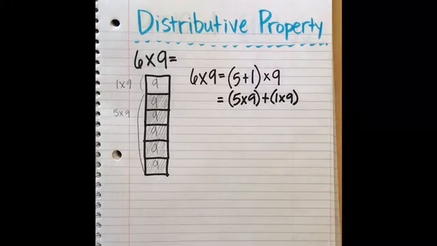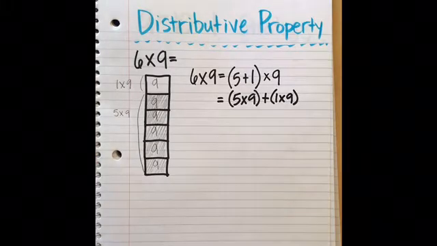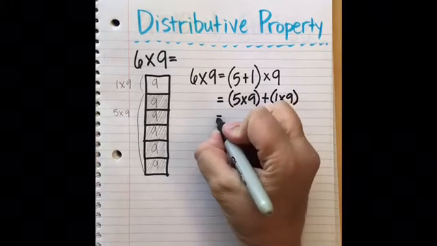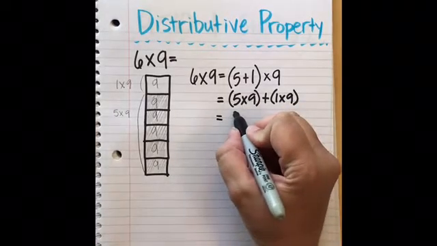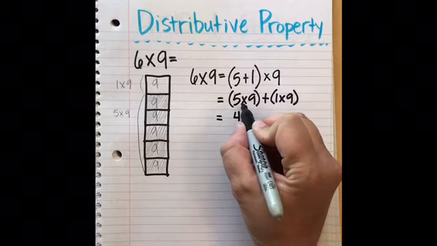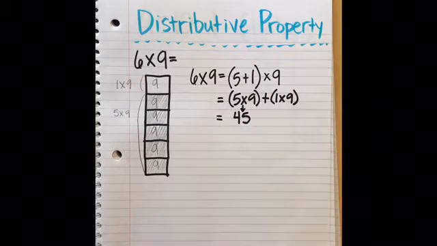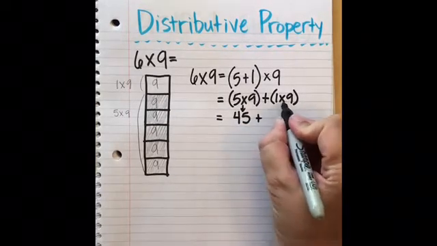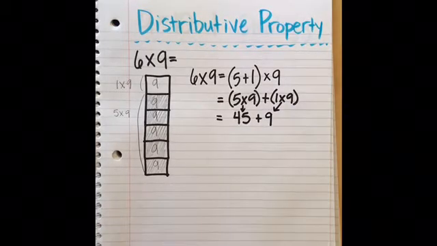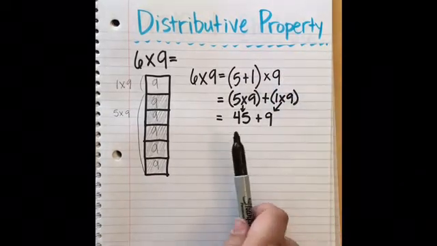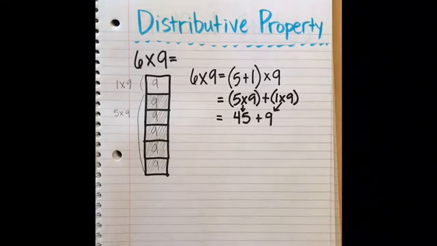So we have 2 parentheses to solve here. And when I put my equal, we're going to solve all the parentheses first. So 5 times 9 is 45. Okay, and then we're going to add our 9. Sorry if I did the 45 before you could think about it. I think right now we're concentrating on writing the steps. So now I'll let you solve this part. What's 45 plus 9?